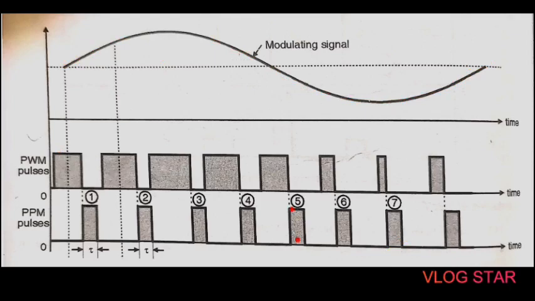So these are the reference lines, and again for the positive half cycle, the pulses are formed away from those reference lines. Okay, so the PPM pulses are constant amplitude and constant duration pulses.